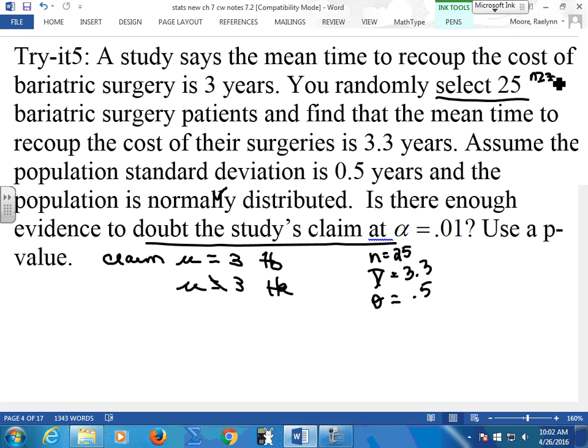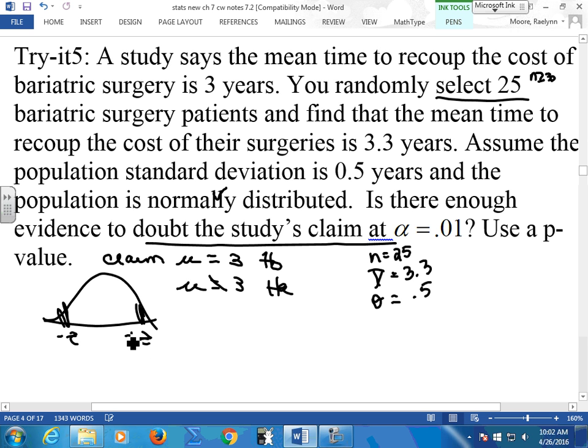So we've got all our information. What type test is this? What tail? 2 tails. 2 equal tails. There's a negative Z. There's a positive Z. Okay? So we're going to test. We know our level of significance here.